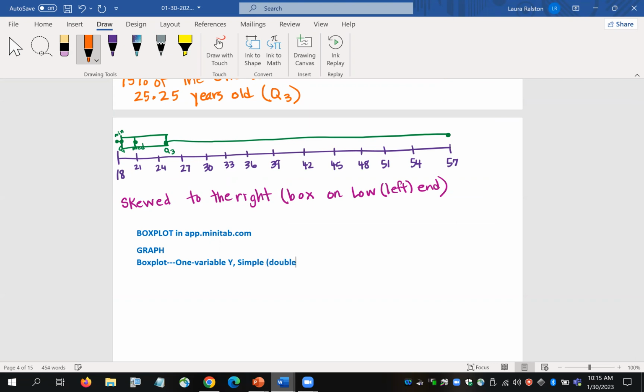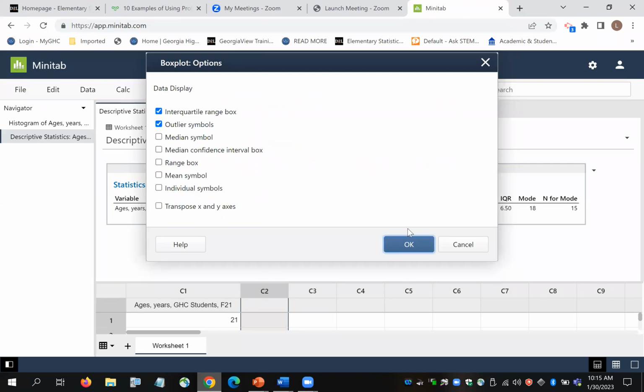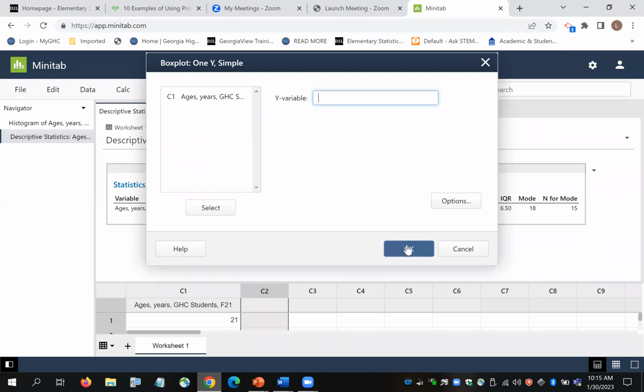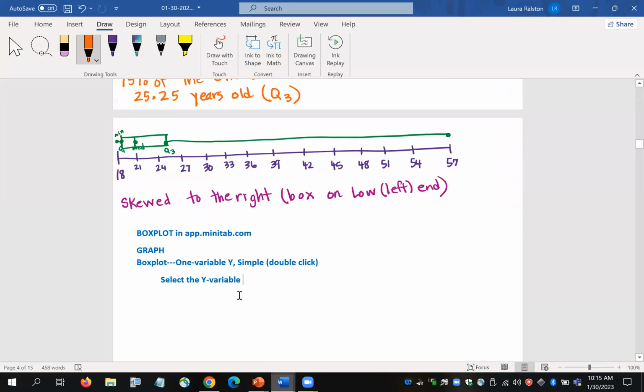And you have to double click. Then you're going to select the Y variable. I don't think we need to do options. Nope. So then you click OK, and your graph should appear.